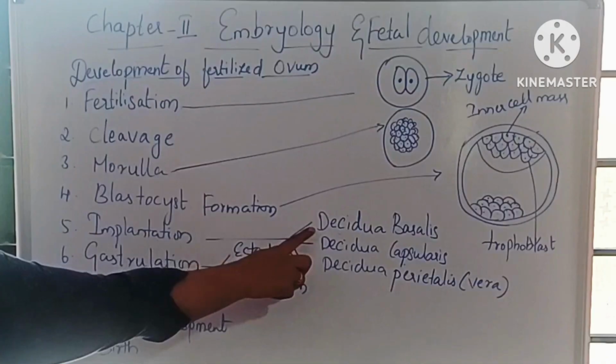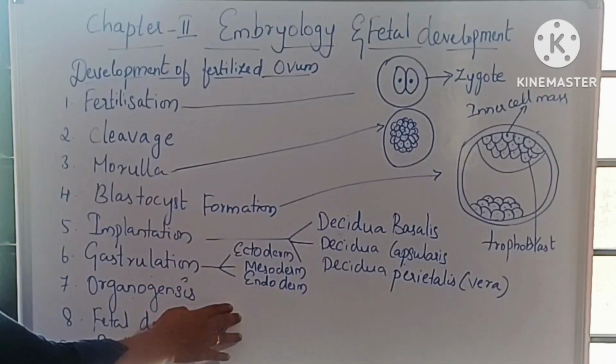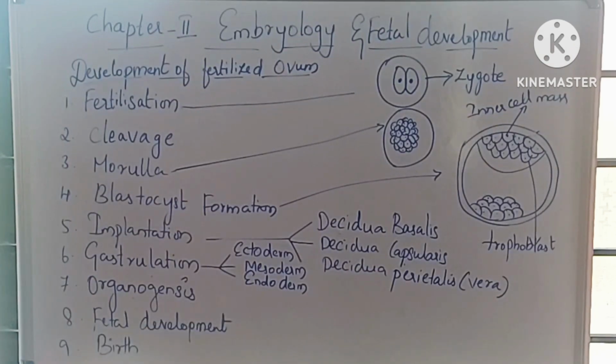This decidua is the modified endometrium or uterine wall of the pregnant woman after implantation of the blastocyst. It provides nutrition, protection and support to the developing embryo.